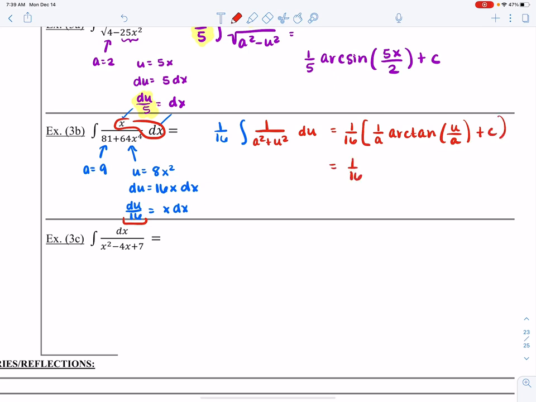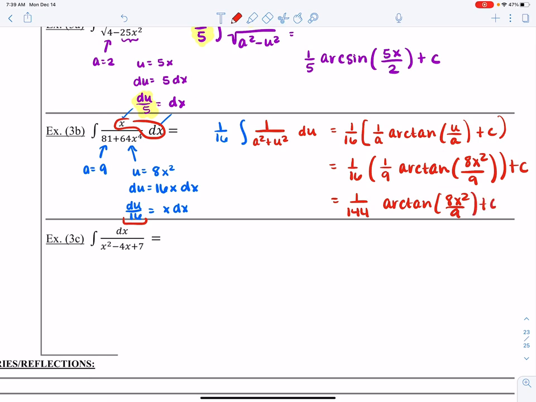So I've got 1/16, 1 over a arc tangent u over a plus c. Let's go ahead and multiply that 1/16 and the 1/9 to give us 1/144th arc tan of 8x squared over 9 plus c.